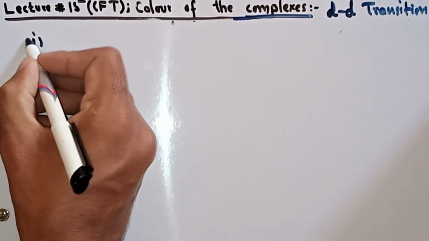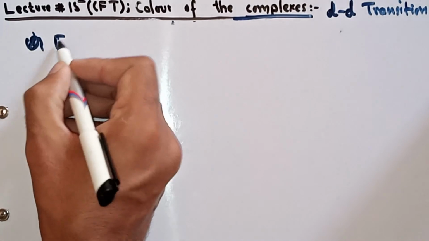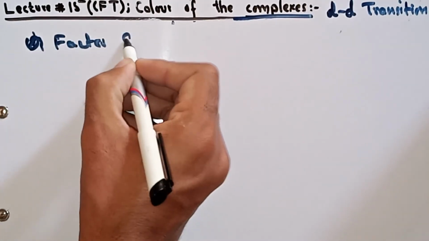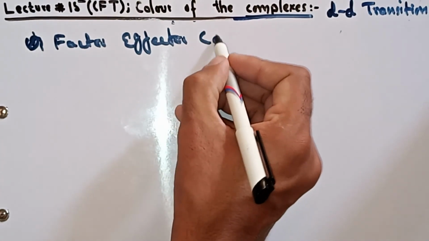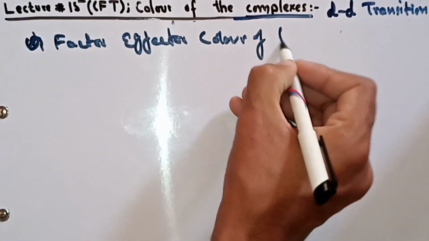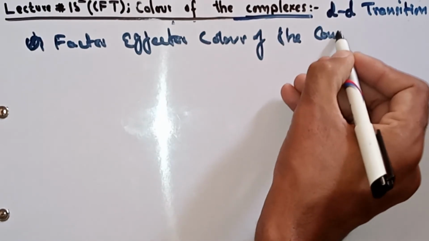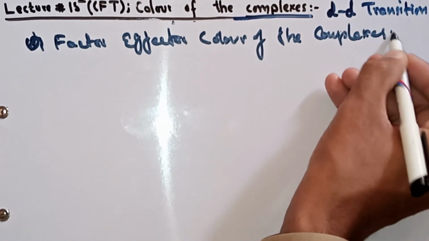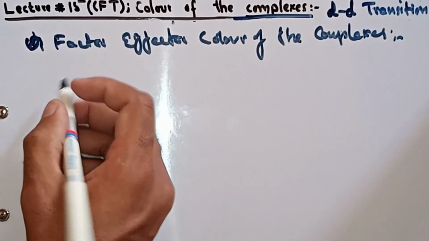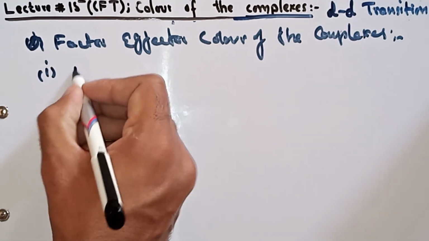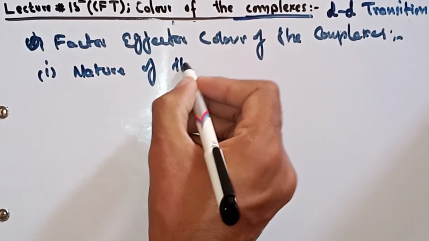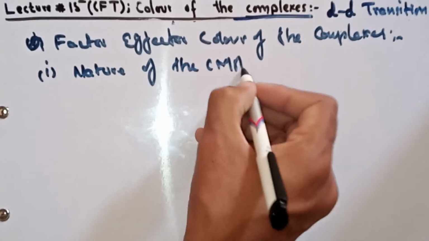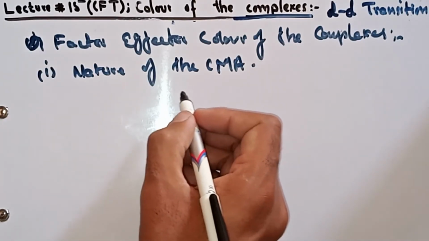The first factor affecting the color of the complex is the nature of the central metal atom.